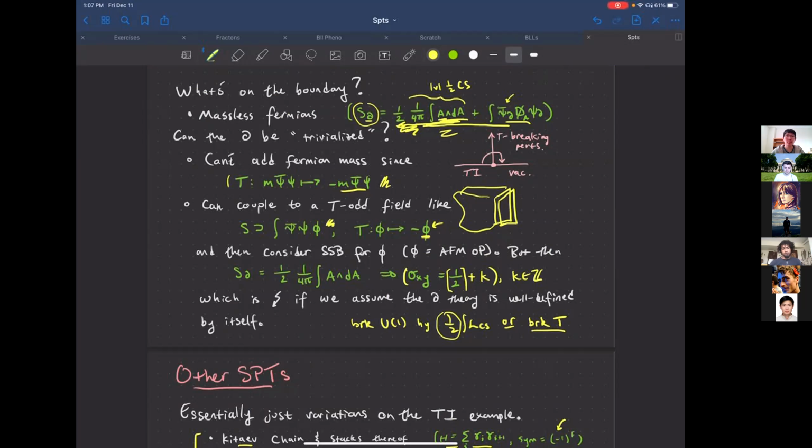You can prove that in any strictly two-dimensional system, this sigma xy has to be an integer. And the fact that it's not an integer tells you that there's some non-trivial stuff coming from the bulk that can't be done away with. So this is totally allowed.